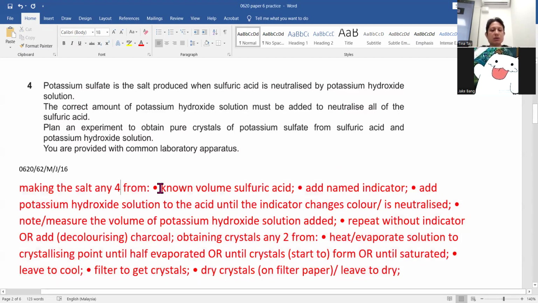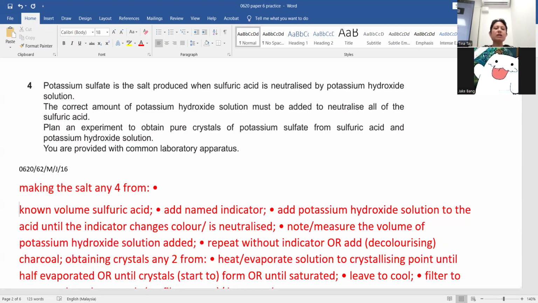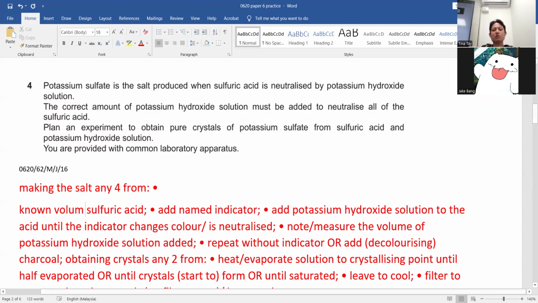Okay, so first, you don't need to say unknown volume of sulfuric acid. You just say fill sulfuric acid into a beaker.